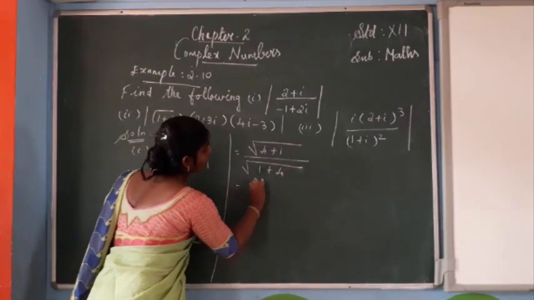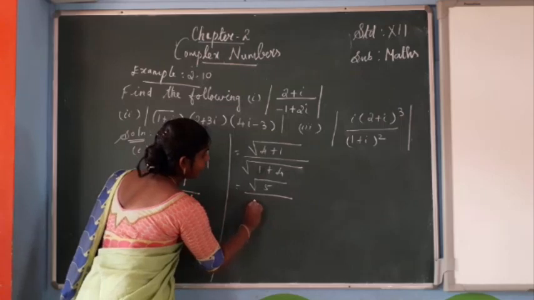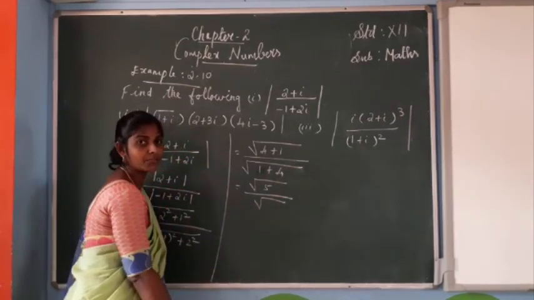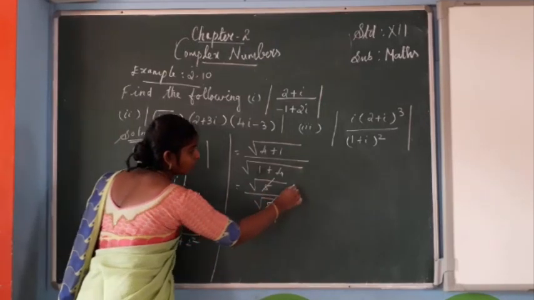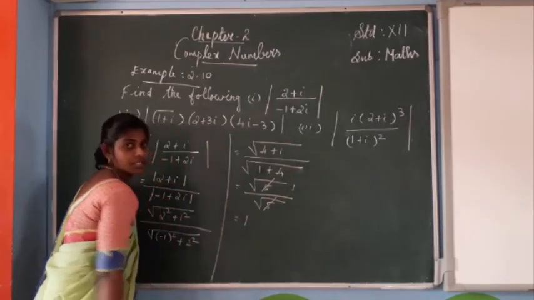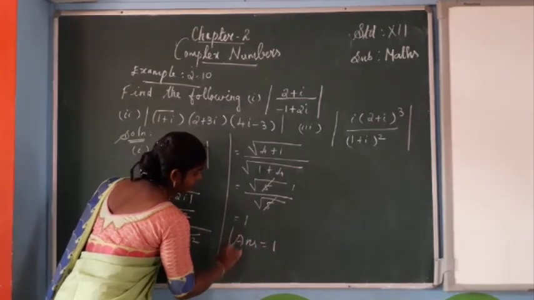Equal to root of 4 plus 1, value 5, divided by root of 1 plus 4, value is 5. So root 5 cancels, you will get the value as 1. This is the answer for the first subdivision. So the answer is equal to 1.